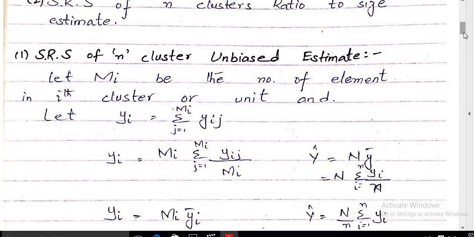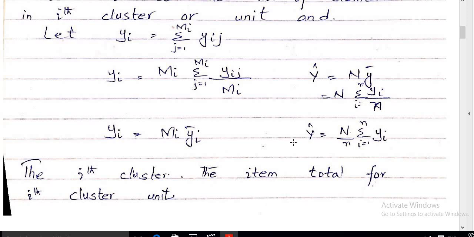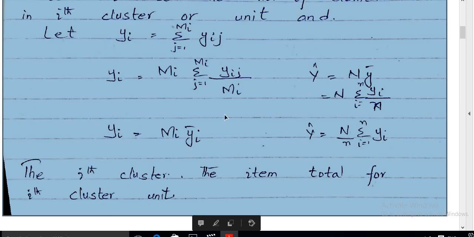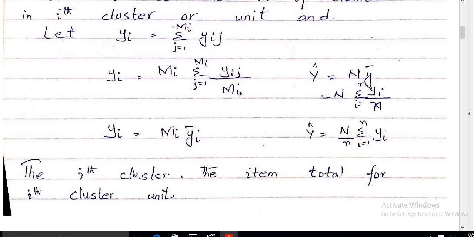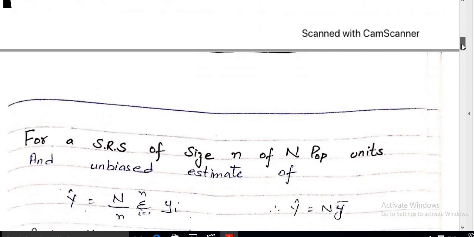Now multiplying on both sides by mi, the sum of j from 1 to mi of yij over mi gives the mean of the ith cluster, yi bar, where mi is the total number of units in the ith cluster.